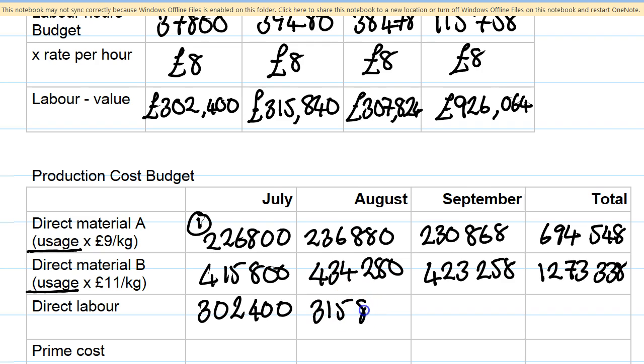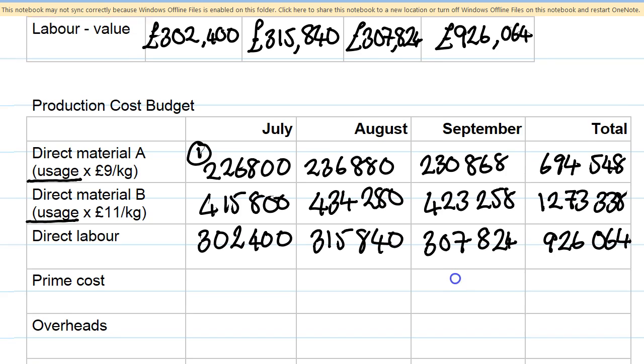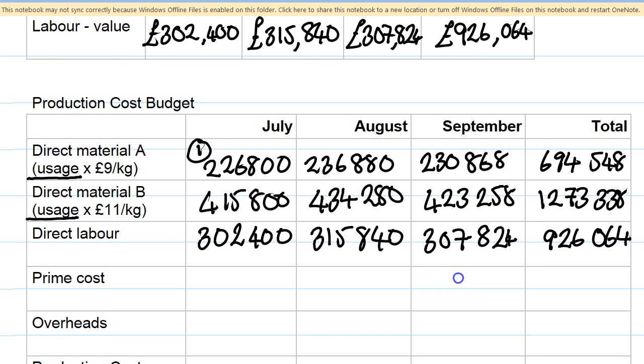August, £315,840. September, £307,824. In total, £926,064. That will give us our prime cost.